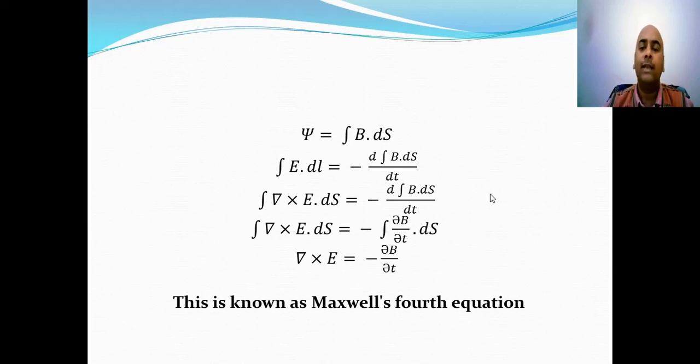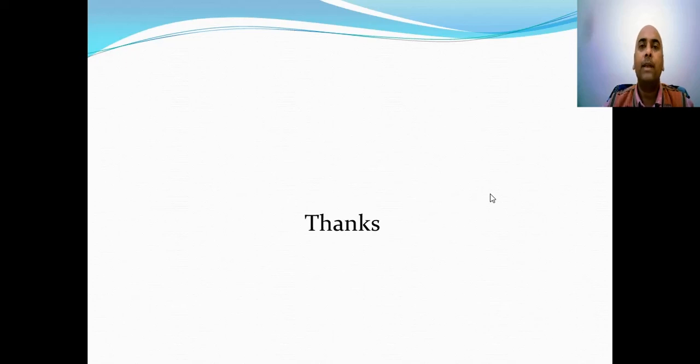So in today's lecture we have discussed Maxwell's four equations in integral form as well as in differential form. So this is all we want to discuss in today's class. Thank you.